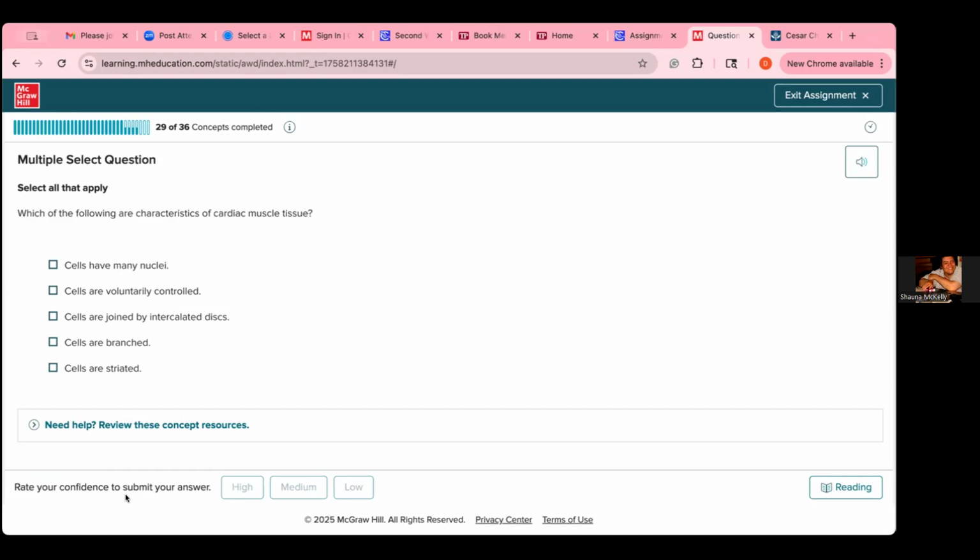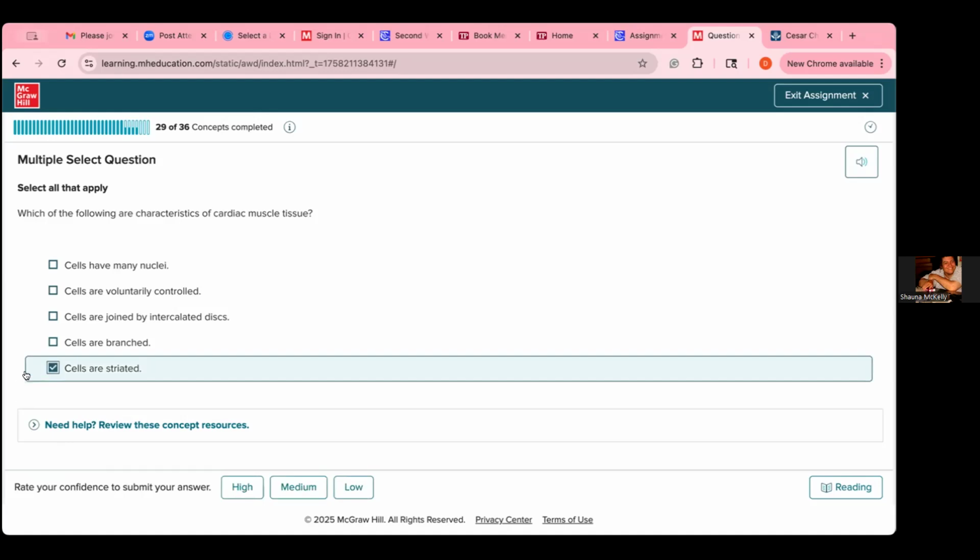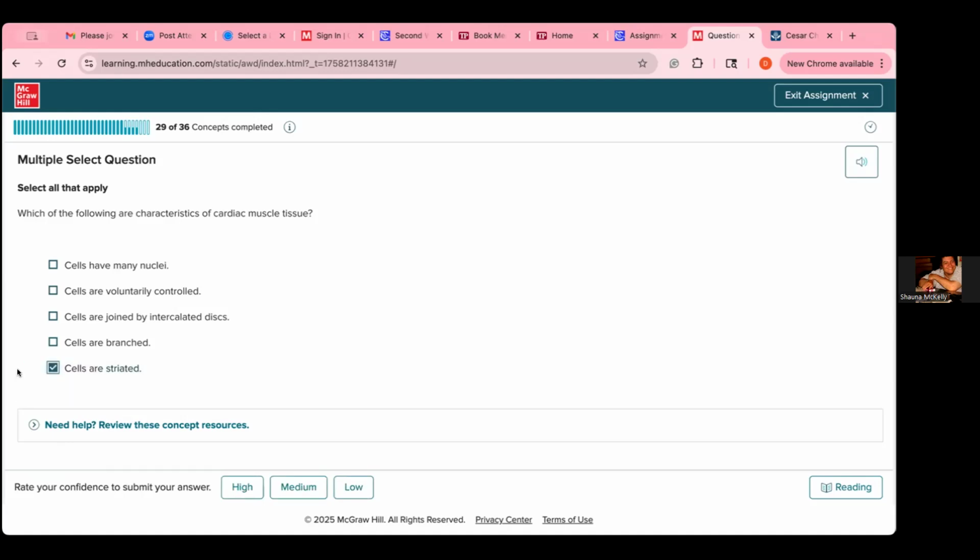The cells are striated. The cells are joined by intercalated discs.